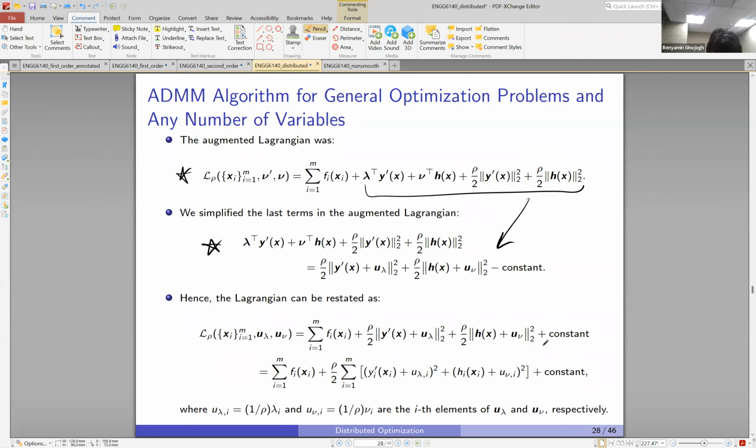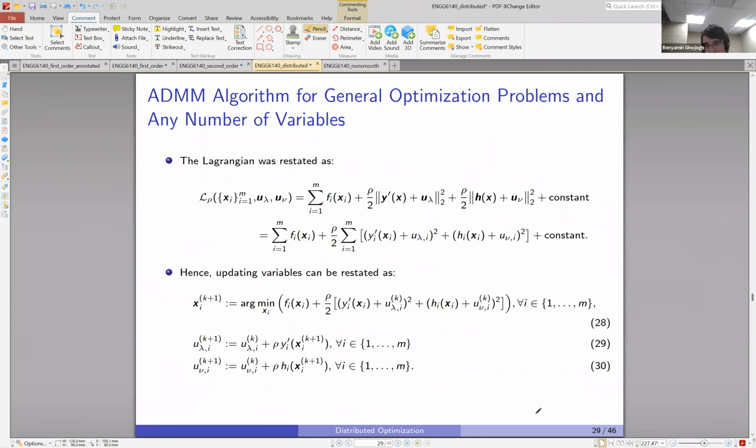This is the augmented Lagrangian. Now the summation of f_i(x_i) and rho. Okay, I can write these element-wise. These are vector-wise, so we can write it element-wise by summation. And we have u lambda i. These are the ith elements of u lambda and u nu.